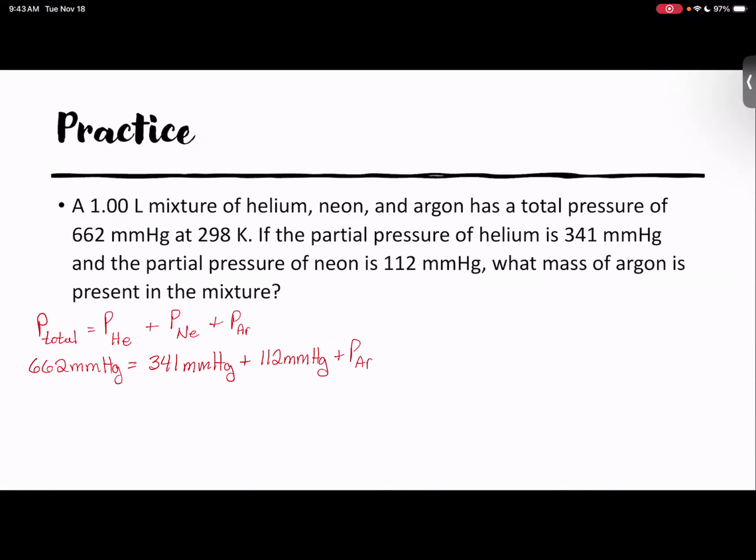Performing this calculation, you get a pressure of argon equal to 209 millimeters of mercury.